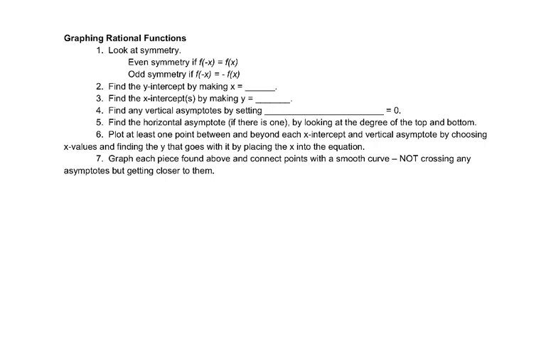So finally, there's these 7 steps for graphing a rational function. The first thing is symmetry, and we'll talk about that in a minute. We haven't done that before. But then we can find the y-intercept, and we've done this in several different situations. But you find the y-intercept by making x equals 0, and then the x-intercept by making y equals 0. And that's the same every single time.